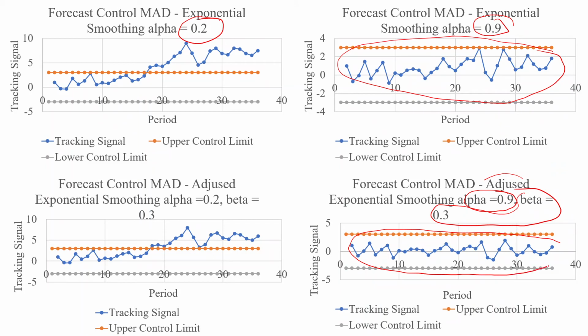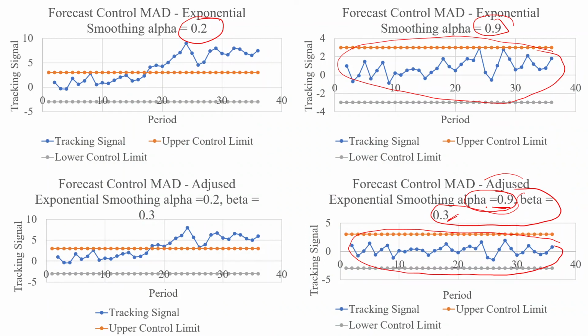Probably the best forecasting for this data set is adjusted exponential smoothing with smoothing constant 0.9 and trend constant 0.3. So the tracking signal gives you a way of playing with these adjusted constant values and finding the best forecasting method for this particular data set.